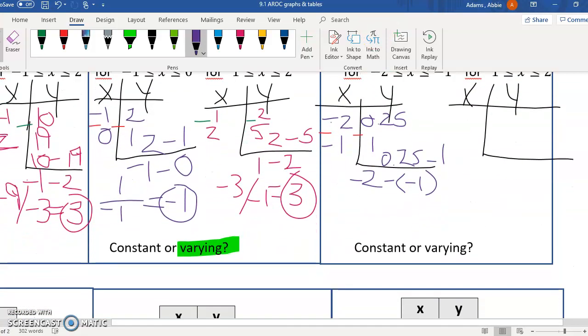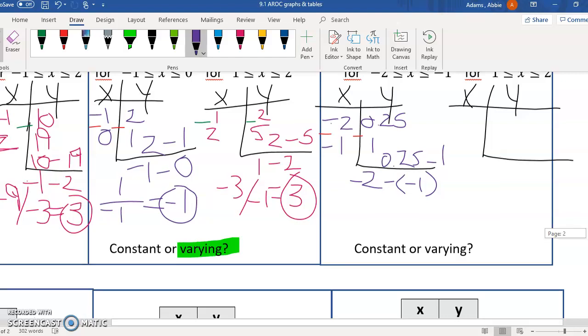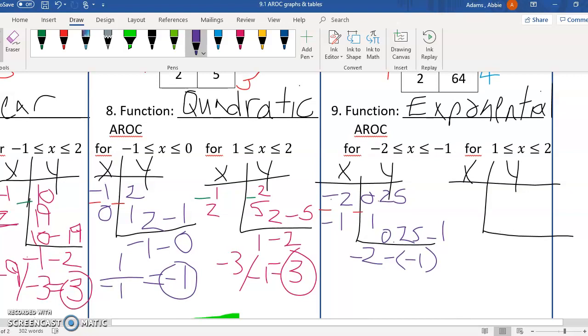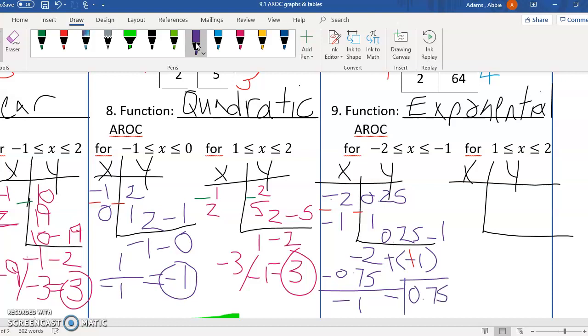Remember, minus a negative is adding a positive. So I've got on top negative 0.75 divided by, well, that's negative 2 plus positive 1. That's going to be negative 1. So that gives us an average rate of change for this interval of 0.75, or 3/4.